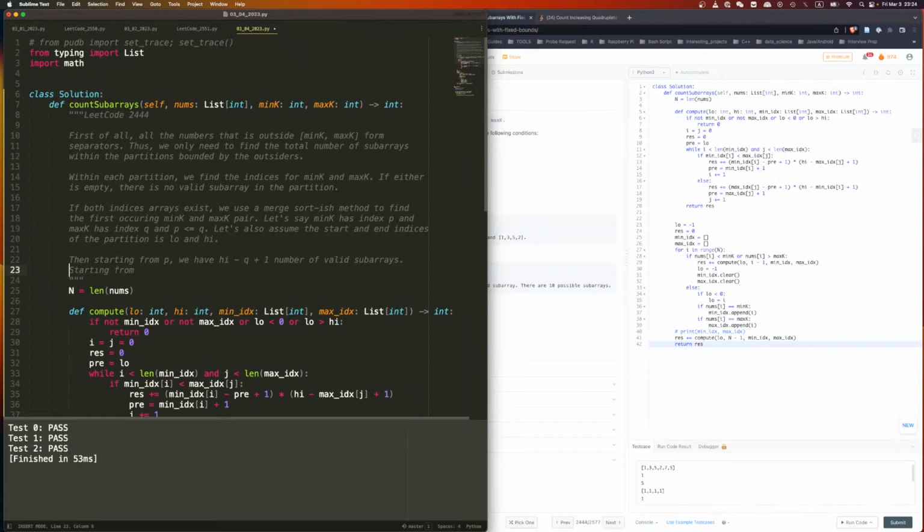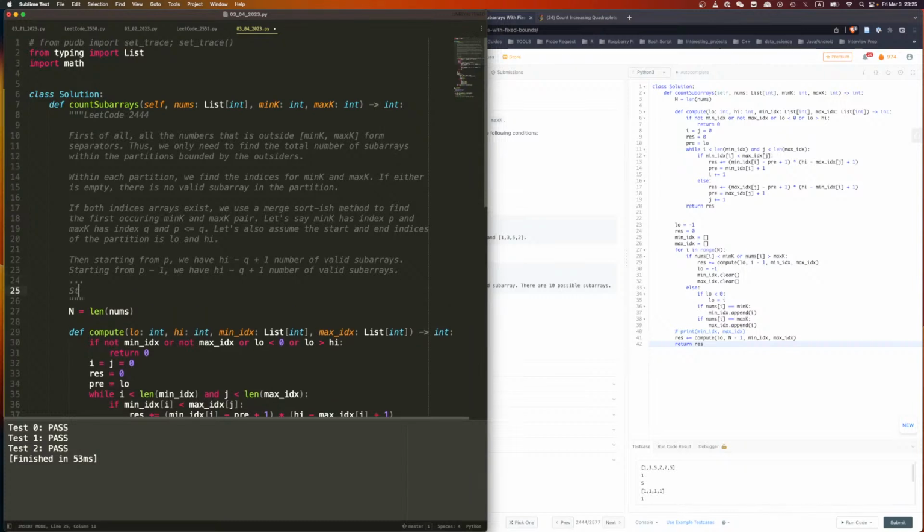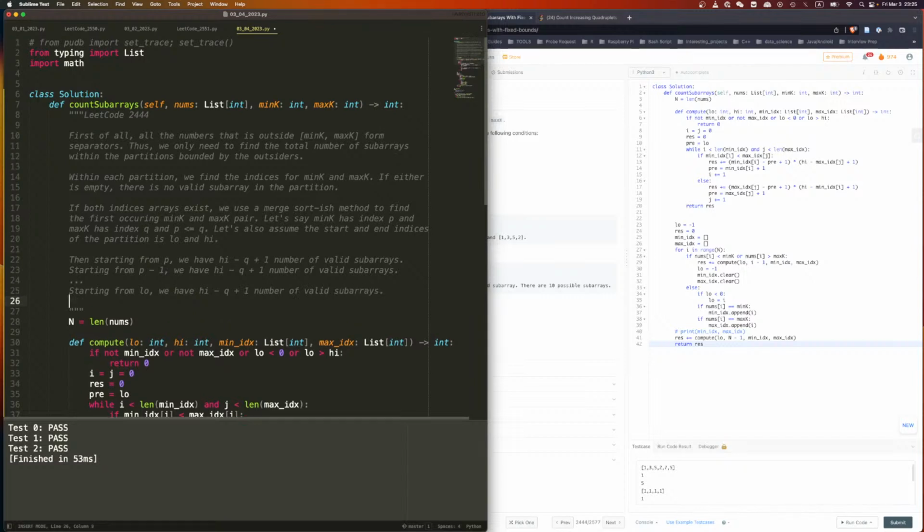Starting from p minus 1, we have high minus q plus 1 number of valid subarrays. Starting from low, we have high minus q plus 1 number of valid subarrays.